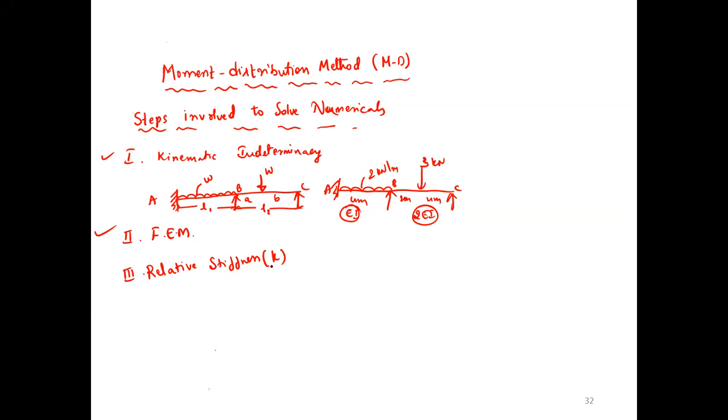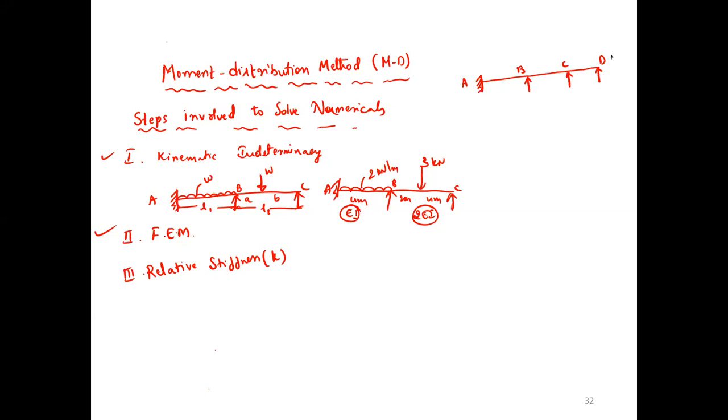When you are computing relative stiffness, please remember one simple tip. See, if the beam is like this, say A, B, C, D. In this beam, how many spans? 3 spans. What are those?